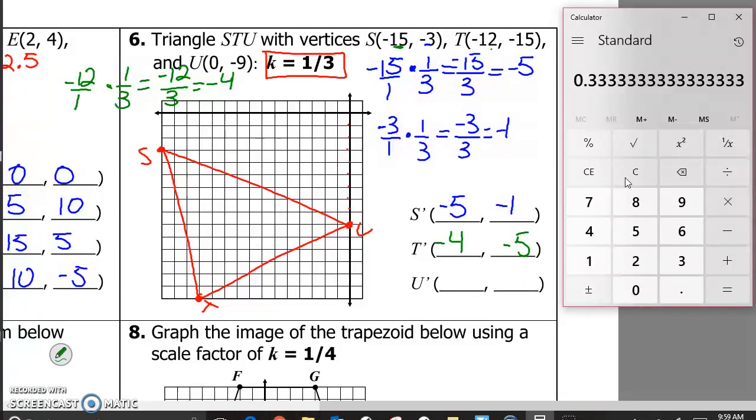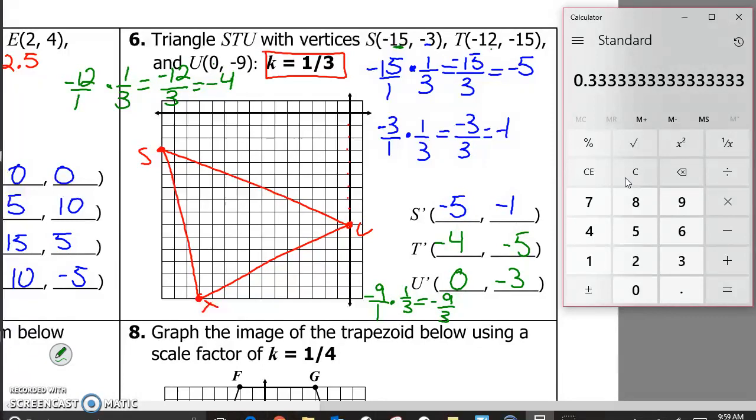So go ahead on your papers and do U, which is 0, negative 9. So when you multiply anything by 0, it's still 0. And then when you multiply negative 9/1 times 1/3, you get negative 9/3, which is negative 3.